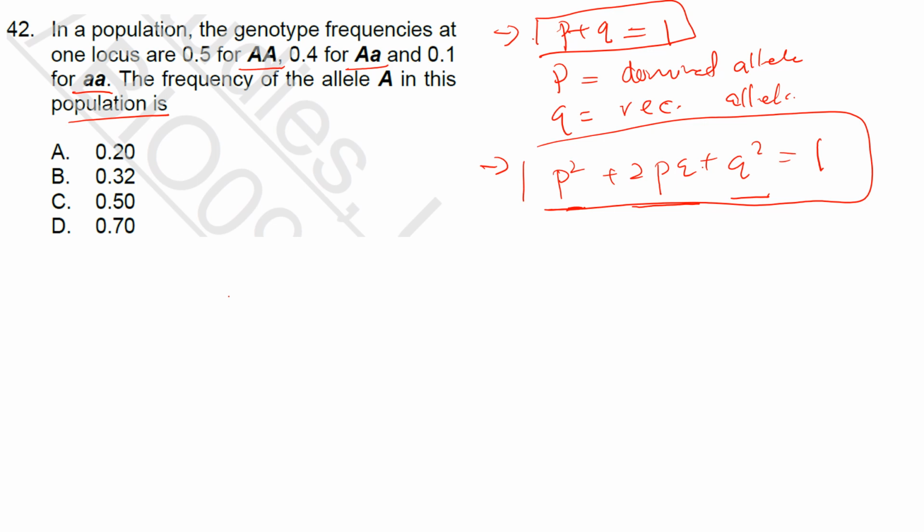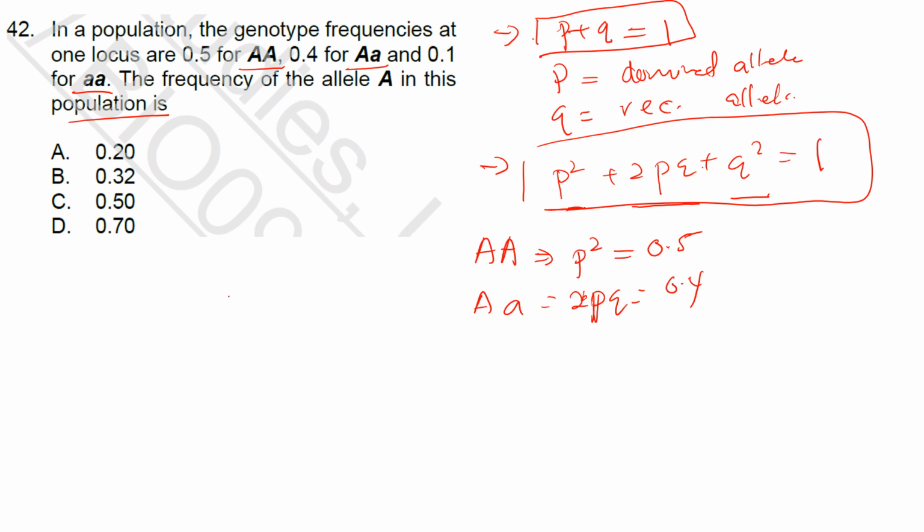In the question, it gives you what? Okay, the frequency of homozygous dominant AA, or sama juga dengan P squared equals to 0.5. Okay, the frequency of heterozygous or 2PQ is 0.4.